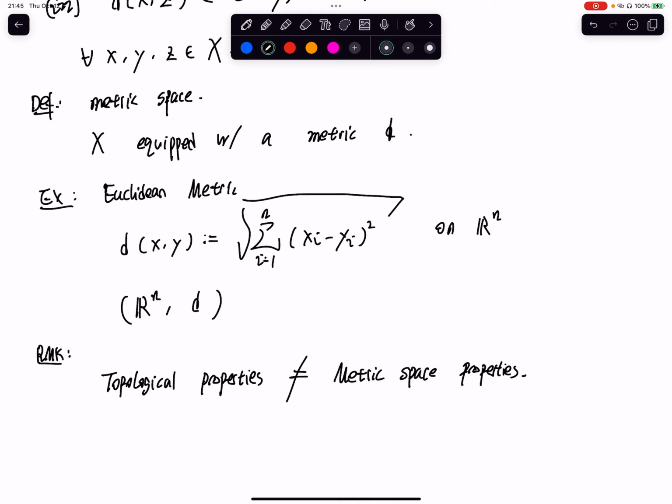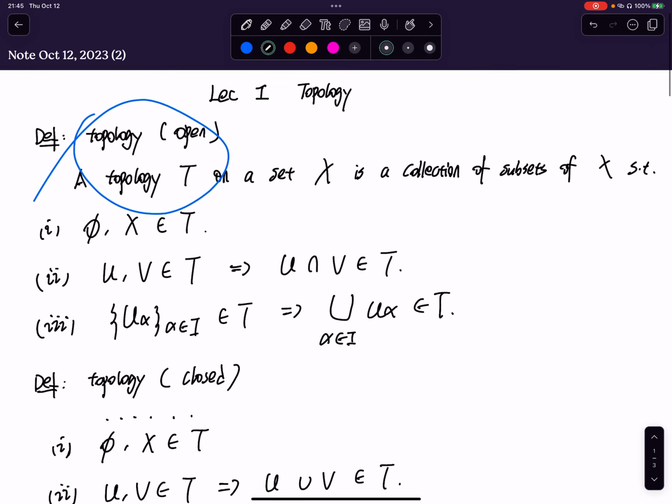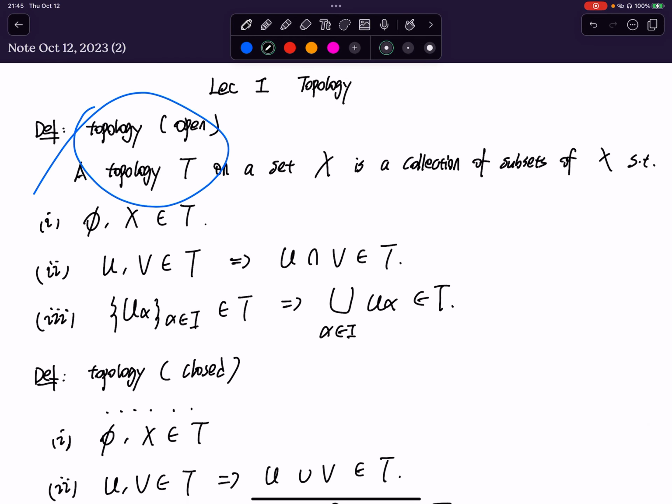For example, completeness is a metric space property instead of a topological property. So yes, we are studying topology, since it is a collection of subsets of a given set X.